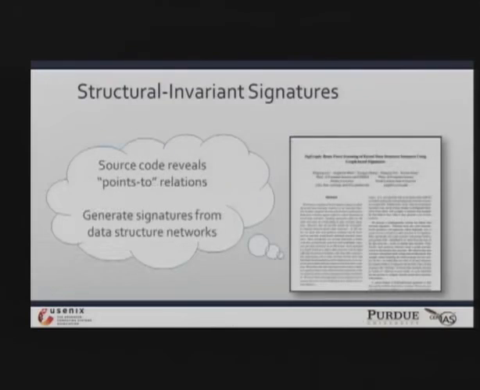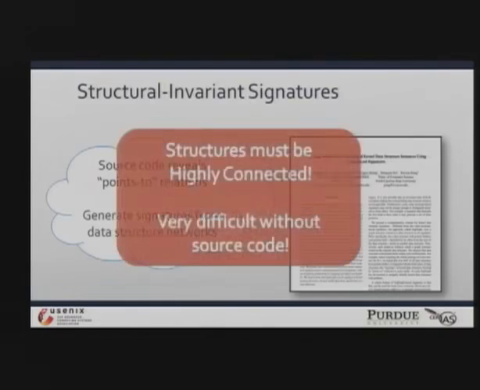A paper that really introduced this idea, published by my advisor and some previous PhD students of his at SIGGRAPH, says that you can look at the source code of an application, and that will tell you the points-to relationships between the data structures, and then using those you build these network signatures of how the data structures interconnect. But the problem is that you have to assume that data structures here are highly connected. If a data structure doesn't point to anything, there's no way you can get it using this approach.